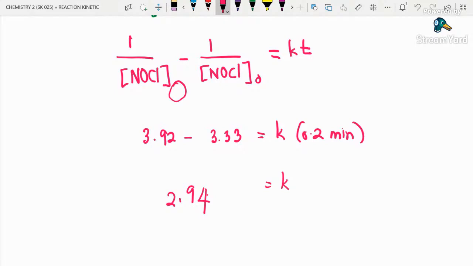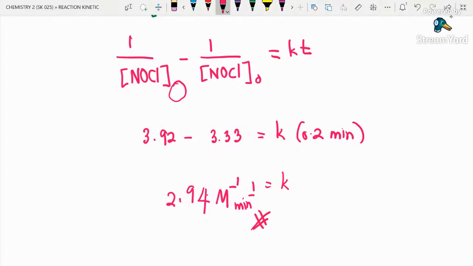Oh, okay. Macam mana boleh KT ni? KT? Mana dapat nilai KT tu Azri, sedangkan K yang kita nak cari. Okay, oleh kerana dia adalah second order, M negative 1, minute negative 1.